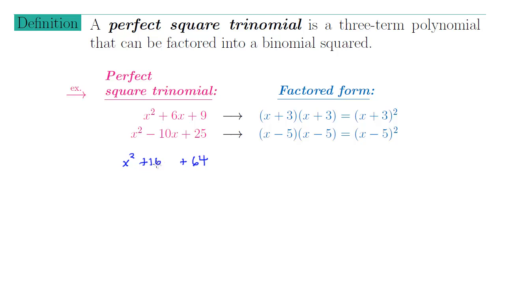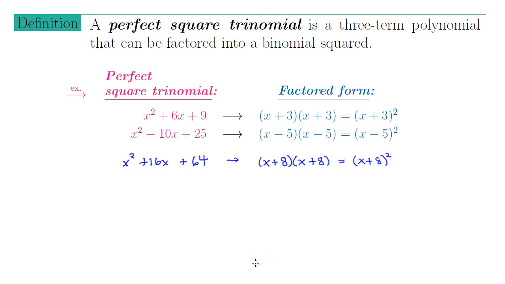So then our middle term would be 16x. And how would this factor? This would factor simply as x plus 8 times x plus 8. Which we could also write as x plus 8, the binomial squared, x plus 8 squared. Do you see the pattern?